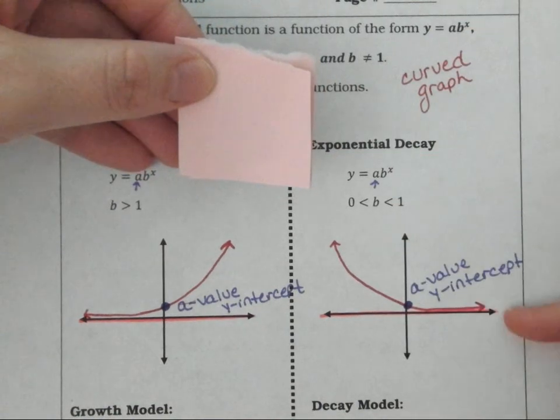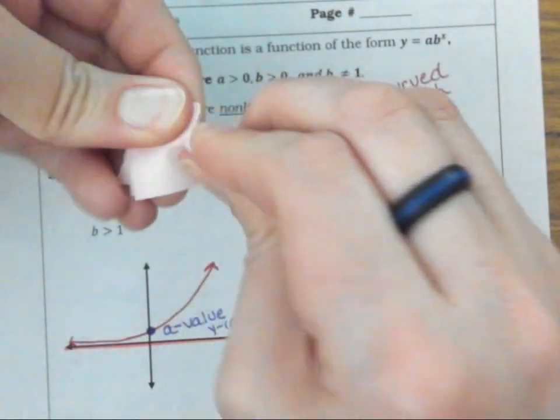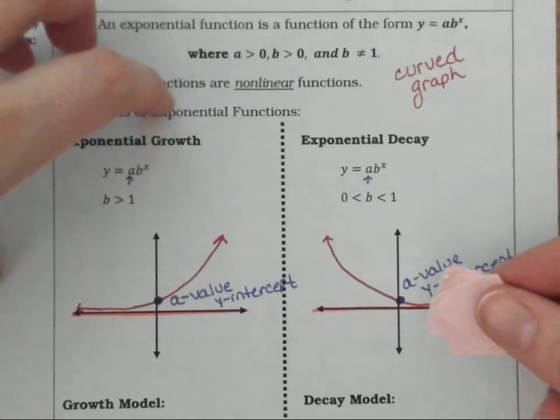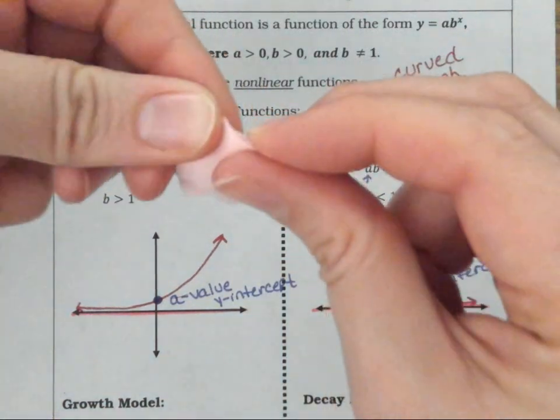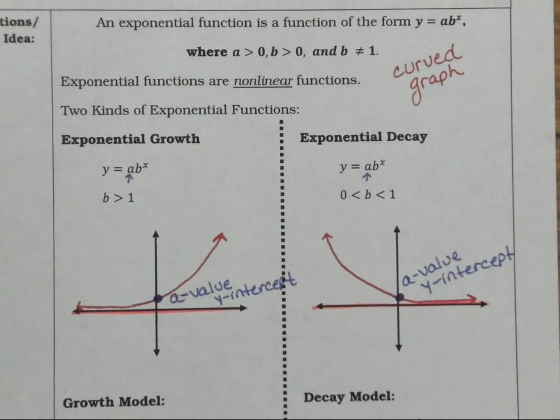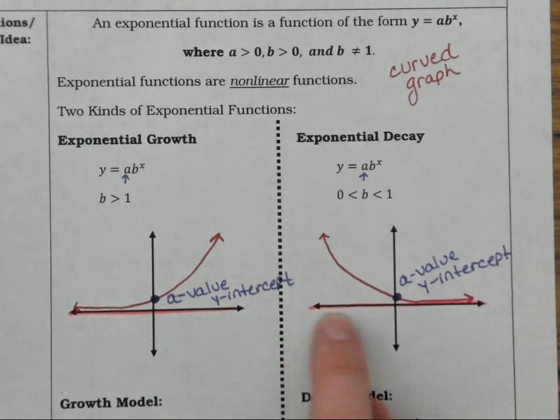And if I rip it in half again, it gets smaller and smaller, but it never ever disappears. Even if I keep ripping this in half, it's going to keep getting smaller, but it will never disappear. And so that is why my graph will never touch the x-axis.